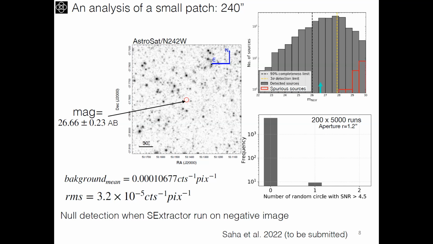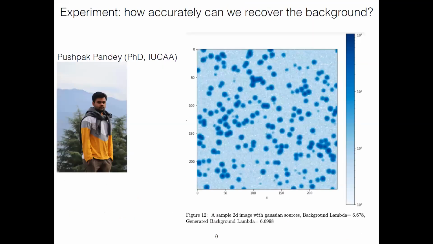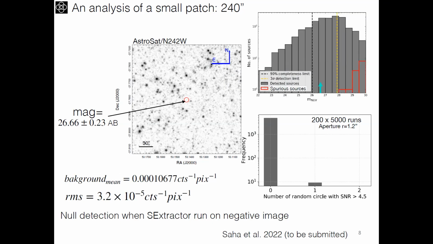Once it creates the background, we put in the apertures, and you can see these spurious detections, which are about 28 magnitude here. So we can very reliably estimate 26 to 27 magnitude sources in the near ultraviolet.